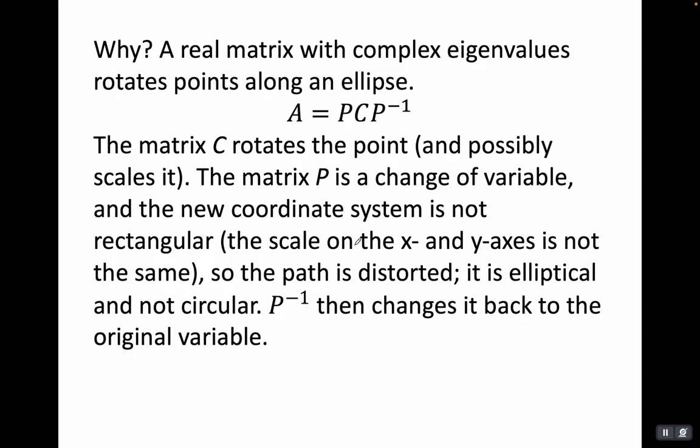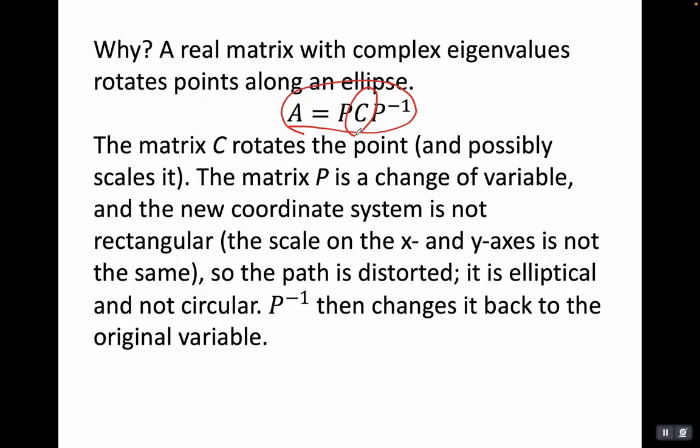Why does this happen? Why does it rotate along an ellipse? A real matrix with complex eigenvalues rotates points along an ellipse. Here's why. We saw a moment ago that if you have a real matrix with complex eigenvalues, you can write it as A equals PCP inverse. The matrix C rotates the point and possibly scales it.